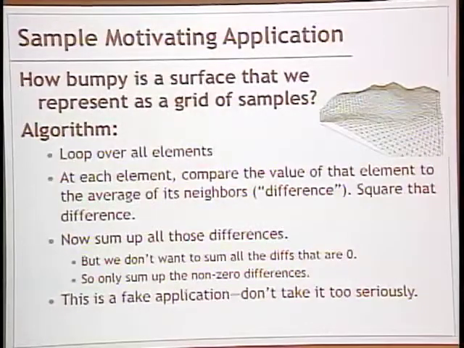We're going to do that by comparing each element to its 4 neighbors and figuring out how different it is from the average of its neighbors. We're going to take all those differences, square them, and add them all together. This is a standard error metric called sum of squared differences. But we're only going to add up the differences that are nonzero, so we're going to leave out the flat parts. Not necessarily the smartest way to compute this thing, because this would be a big waste of time, but it illustrates our stuff very nicely.